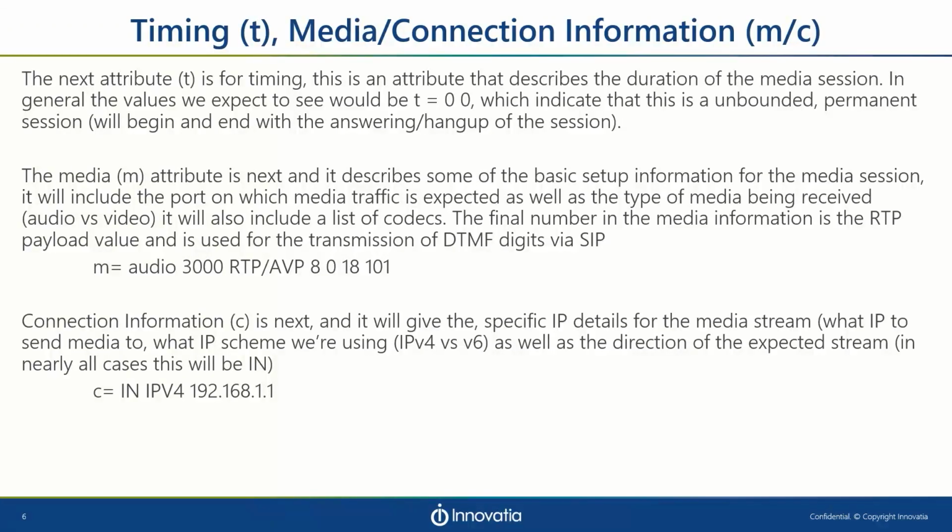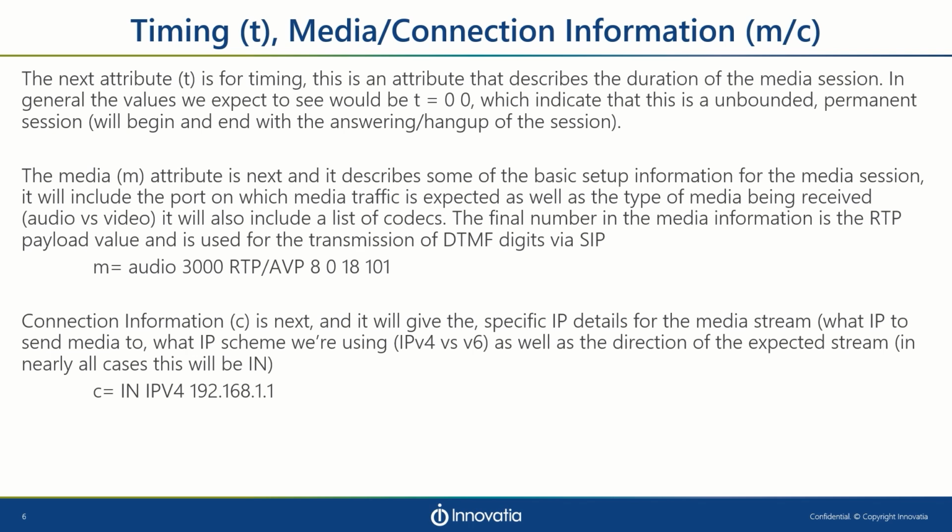After the transport protocol is defined, the next set of numbers will be a list of media payload values which are tied into specific codecs that will be utilized. We'll talk a little bit more about that in the next section. So you have the type of media, the port that media is going to be sent on, RTP/AVP, and then your list of codecs.